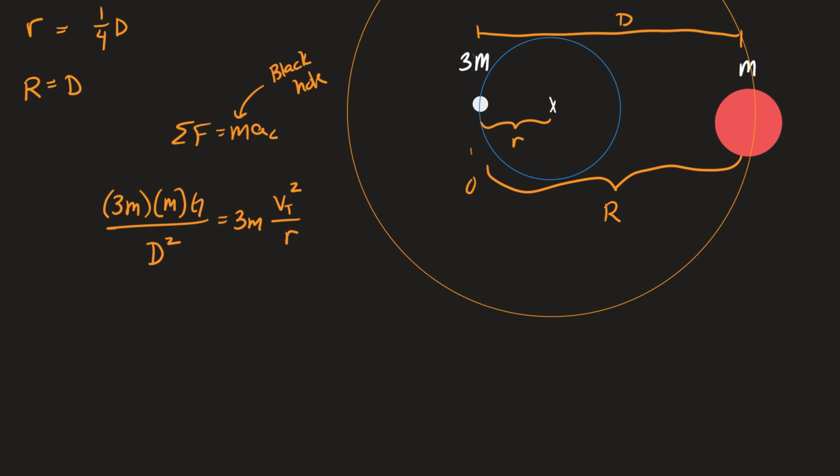I'm going to leave the r for a few minutes because we know we have another substitution to make after this, right? But I will notice right now I can cancel out the 3m's. So, just like before, the mass of the thing that's doing the orbiting cancels. So, mg over d squared here.